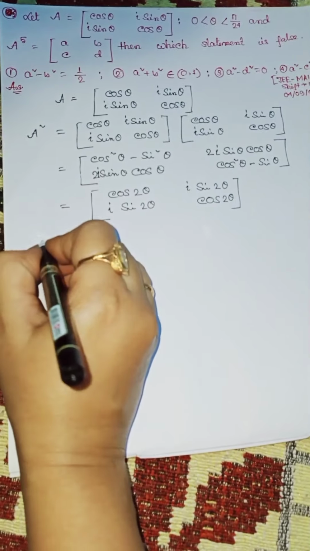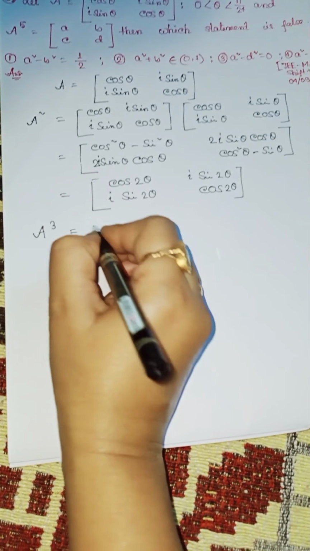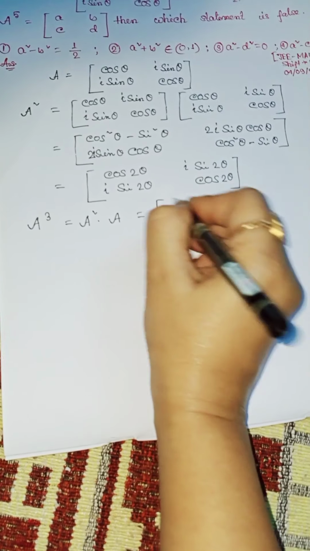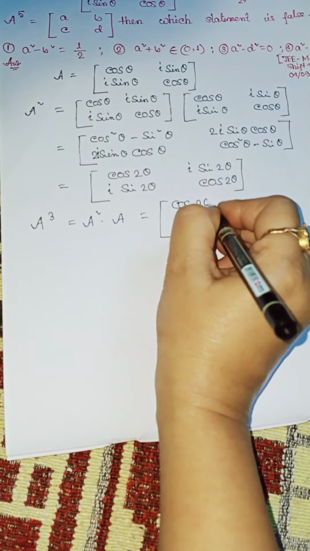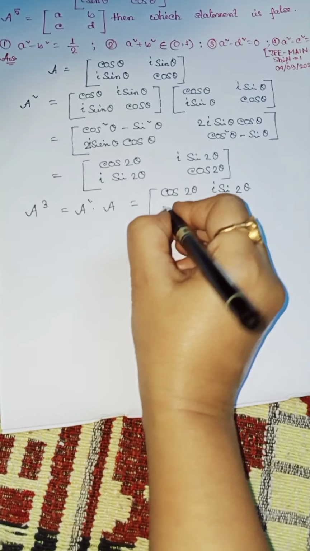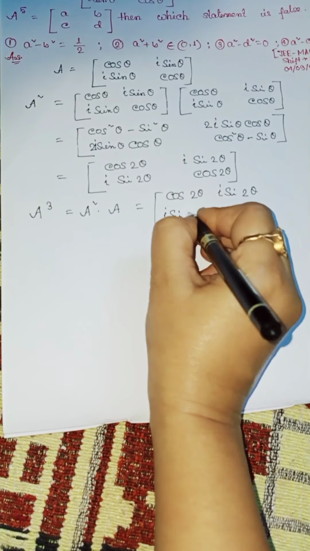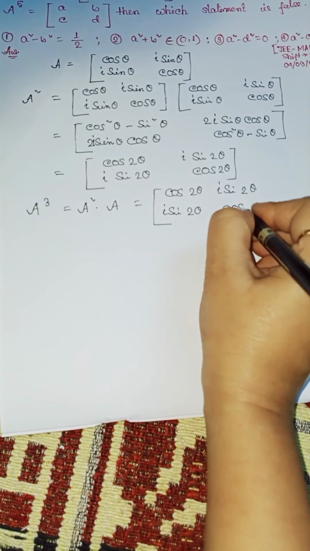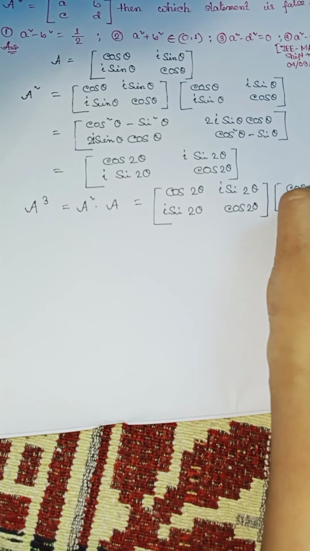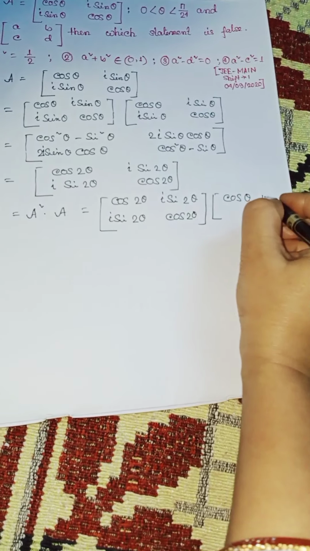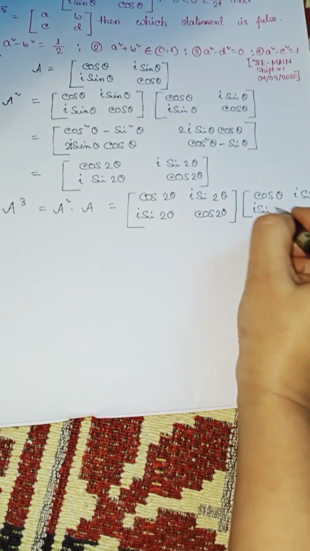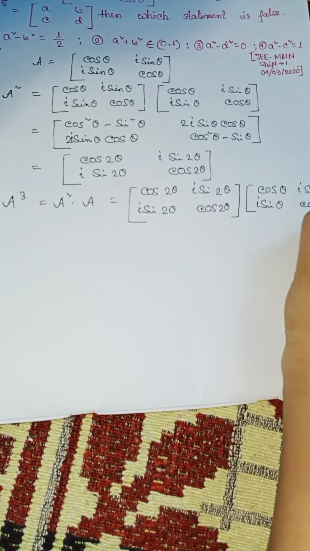Similarly, A cube is equal to A square into A. So A square is equal to cos 2 theta, i sin 2 theta, i sin 2 theta, cos 2 theta, into cos theta, i sin theta, i sin theta, cos theta.